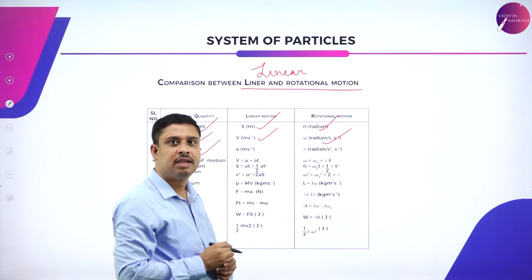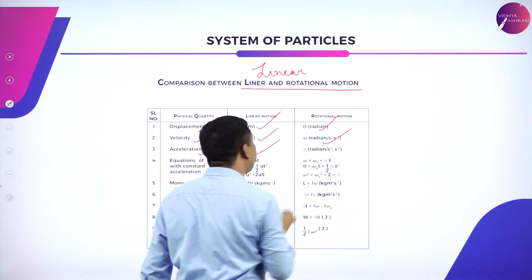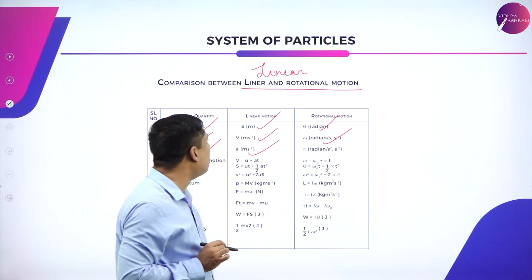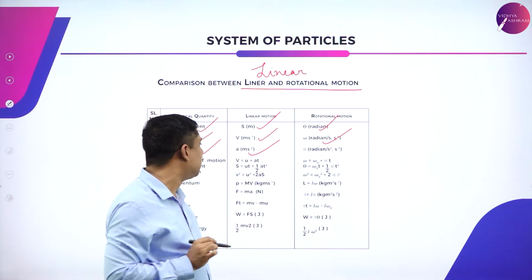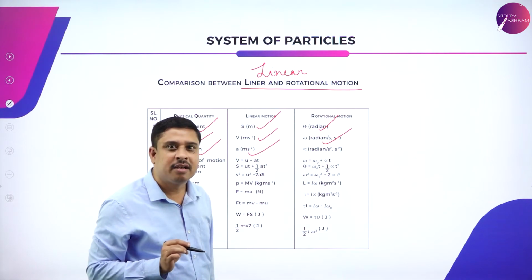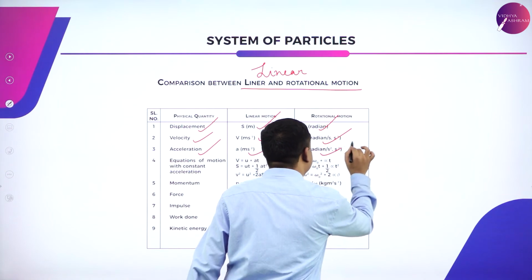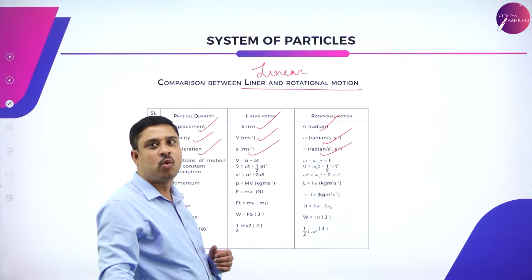Acceleration, linear motion, meter per second square. Rotational motion, angular acceleration, denoted by alpha, which has the unit radian per second square.